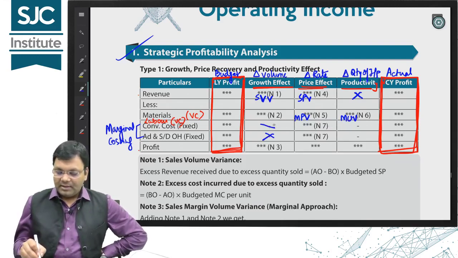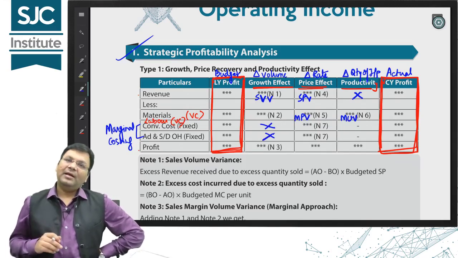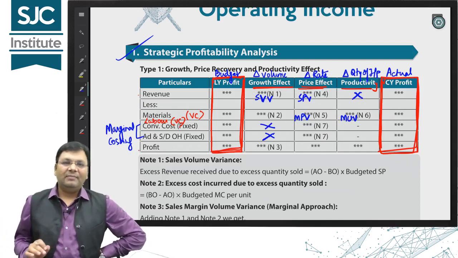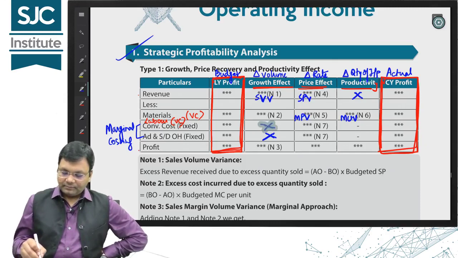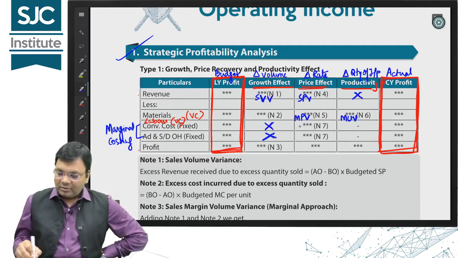If the question says nothing about fixed cost, we always assume marginal, and the question will never specify otherwise. Due to change in volume, fixed cost should not change. Then here you are calculating fixed overhead expenditure variance.